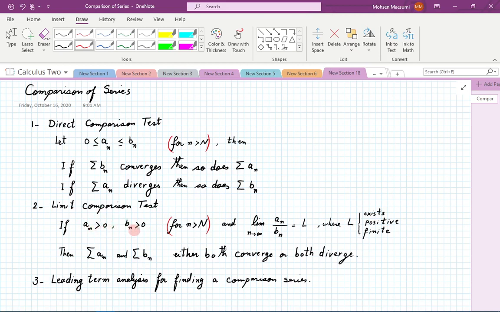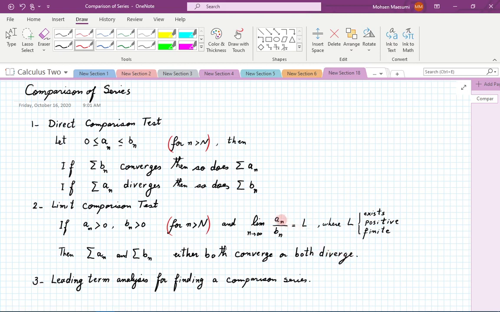Terms of both of them are positive, and it is assumed that the ratio of one to the other has a limit. That limit exists, is positive, and it's a finite number. In that case, we can say that these two series behave like each other, meaning either they both converge or they both diverge.